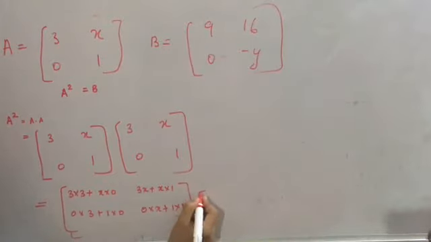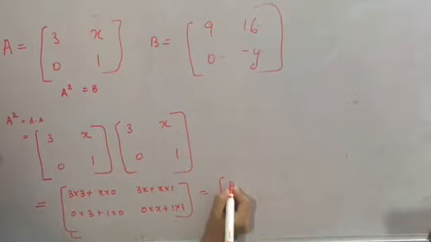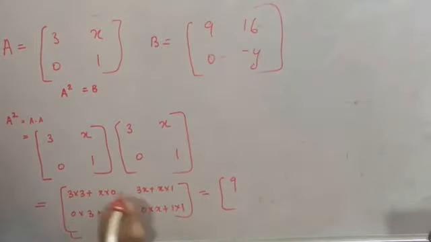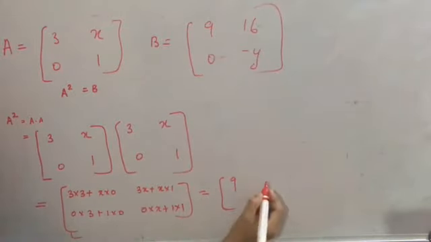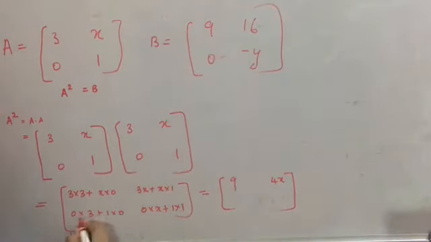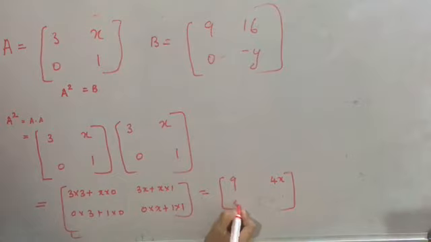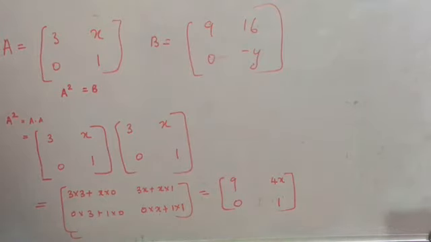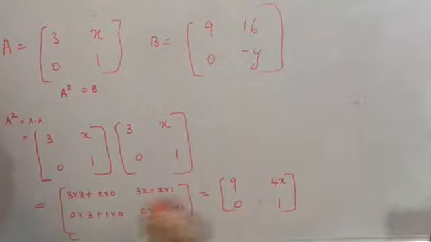Okay, so let us see. 3 3s are 9 plus x into 0 is 0. 3x plus x, that is 4x. 0 plus 0, that is 0. 0 plus 1.